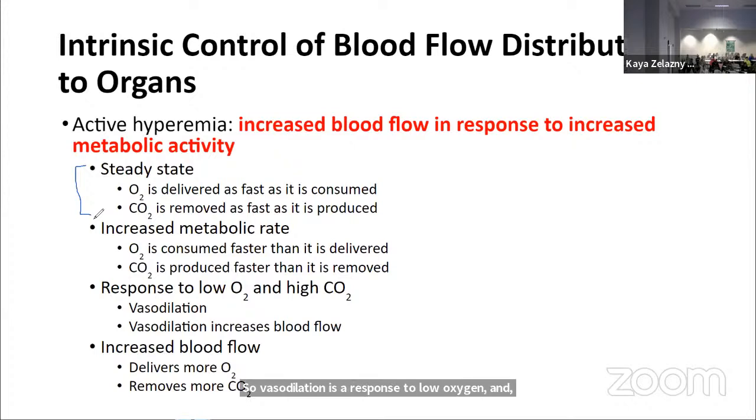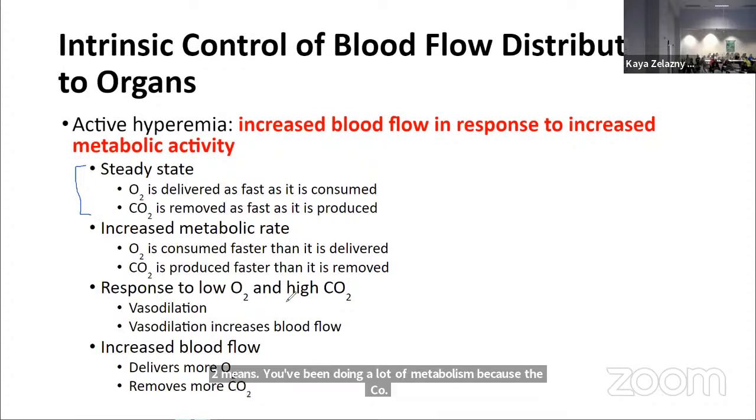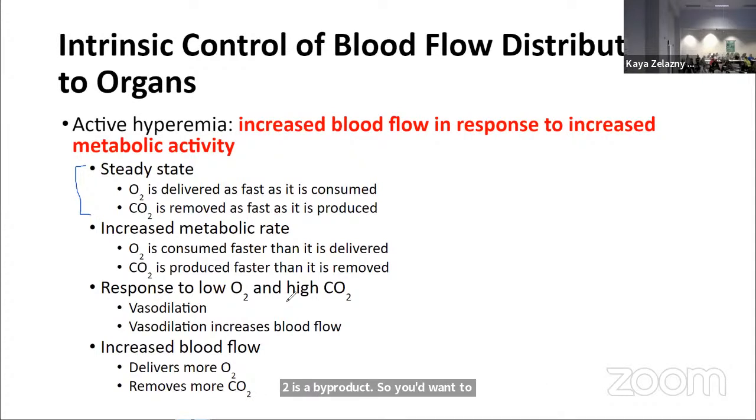Because oxygen and carbon dioxide are kind of trading off. If you're using oxygen, you are also producing a lot of CO2. So high CO2 means you've been doing a lot of metabolism, because CO2 is a byproduct. So you'd want to increase the blood flow there and sweep that away faster, because having a lot of carbon dioxide hanging out and staying in your body is actually kind of toxic too.